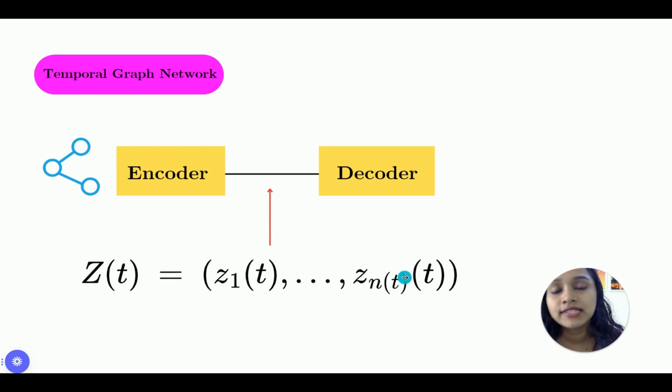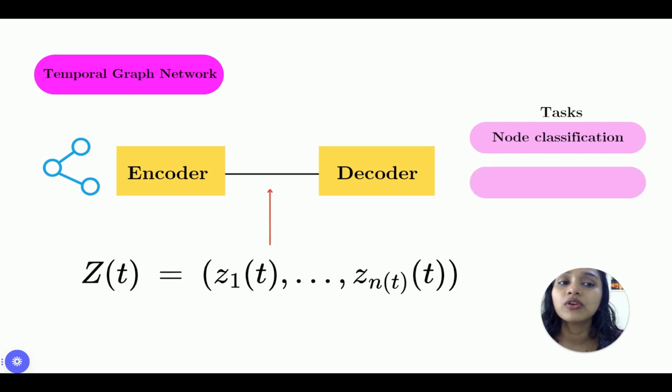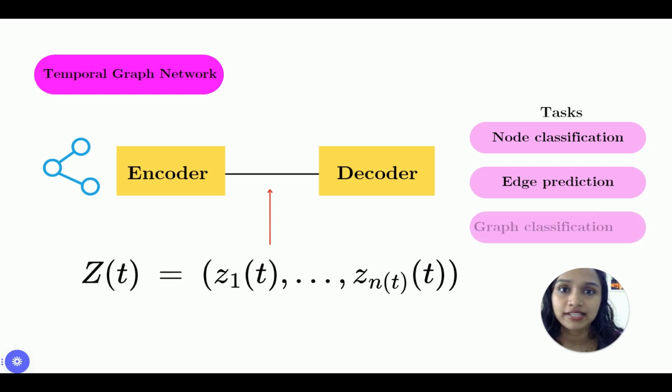So the decoder takes one or more node embeddings as the input, and by using that it performs task-specific things like node classification or edge prediction or graph classification. So there are different tasks which we can perform by using a graph neural network.